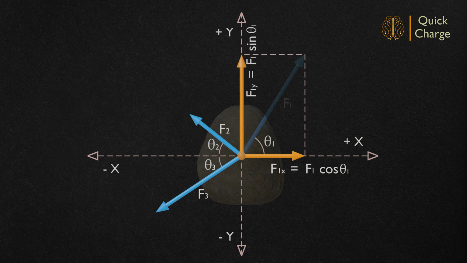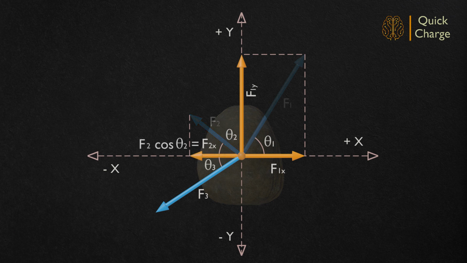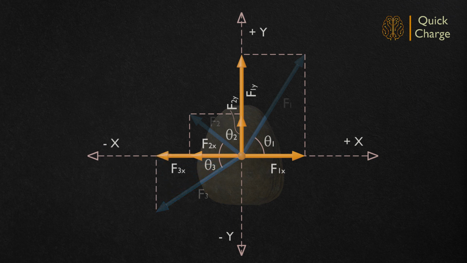Let us use a short representation of F1x for the horizontal component and F1y for the vertical component. In a similar fashion, F2 is split into F2 cos θ2 and F2 sin θ2, and F3 is split into F3 cos θ3 and F3 sin θ3.